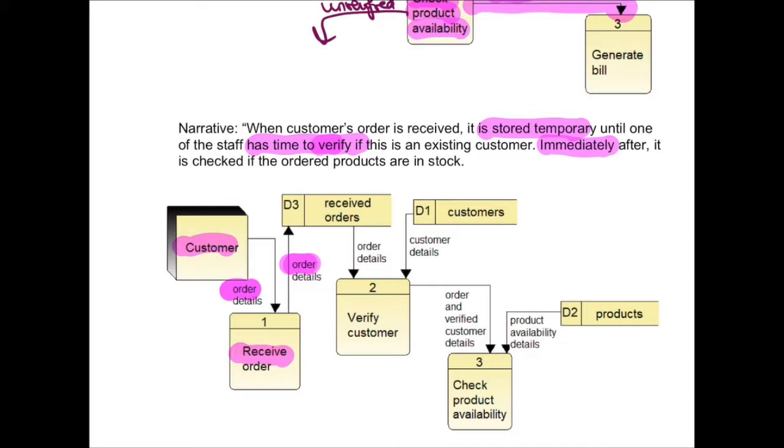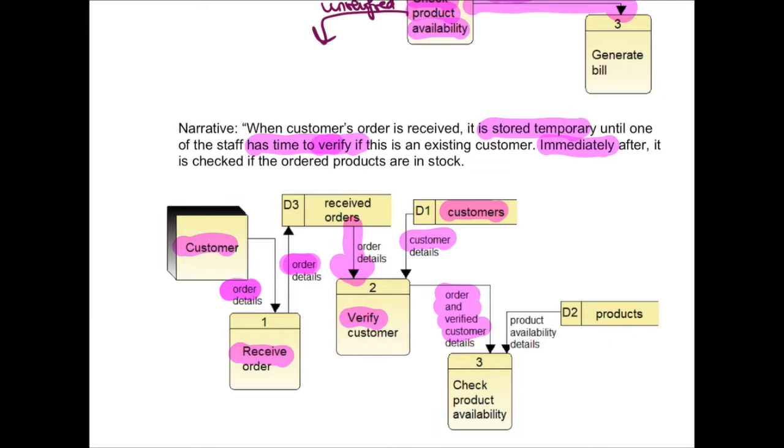When the second person, the person to verify, is available, this is time triggered, right? There is no process leading to it. When the time comes, it retrieves the data from the received orders data store, or copies it, doesn't delete it, right? And then it also refers to the customer's data store, which is exactly the same as the previous one, gets the customer details and does the verification, and this is the verified.